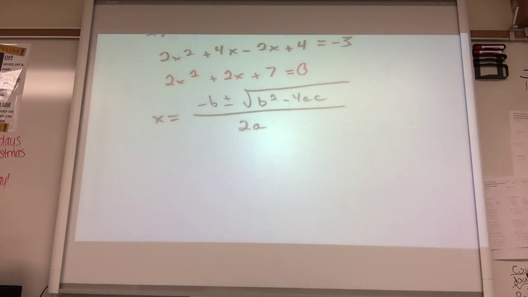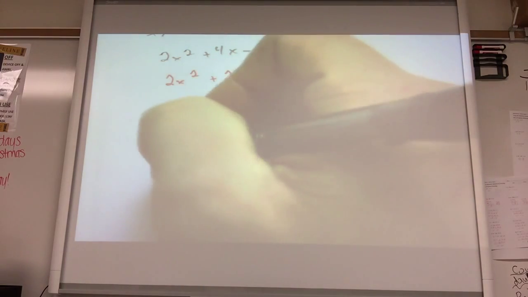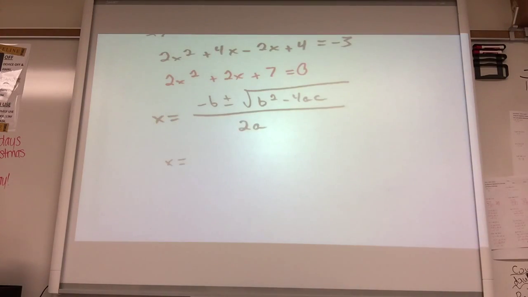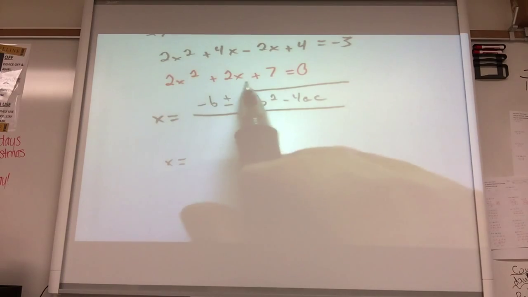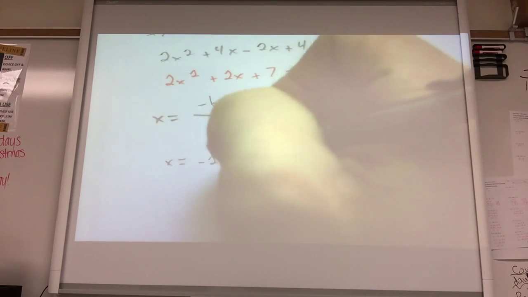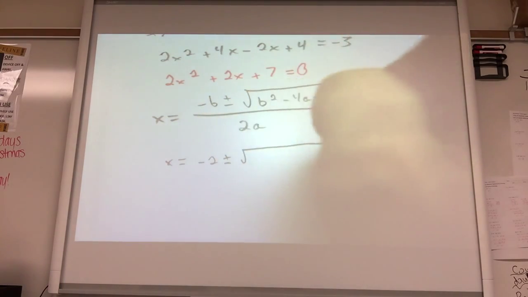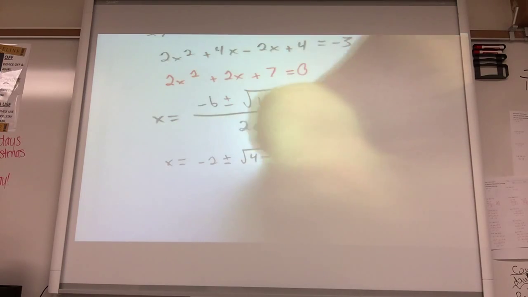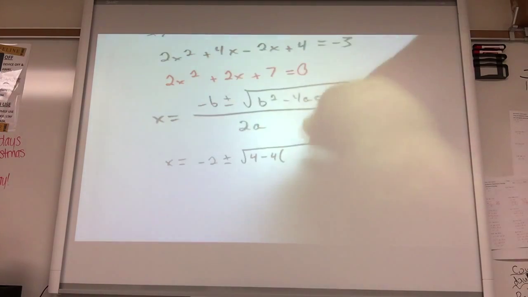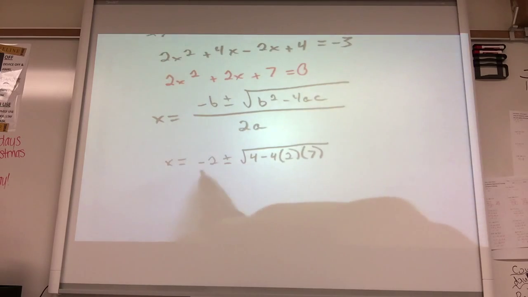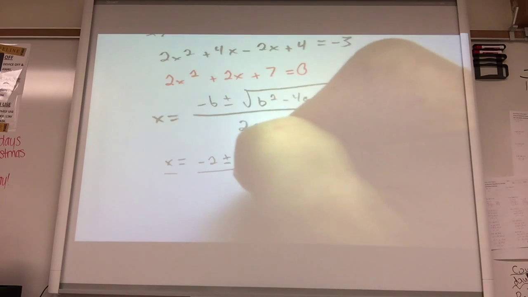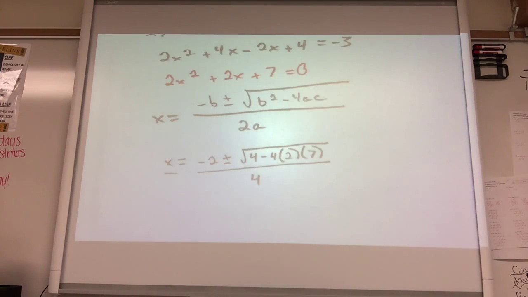And that's what x is going to equal. So x equals negative b, which is negative 2, plus or minus the square root of 2 squared, which is 4, minus 4 times a, which is 2, times c, which is 7, all of it over 2 times a, which is 4.